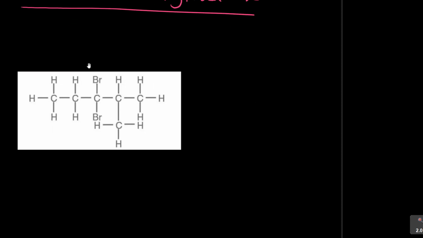Move on to the next one. What will you name this one? Now again, as I said, start from left to right. If you move this direction, this is carbon 1, carbon 2, carbon 3, carbon 4, carbon 5. If I move this direction again, it's carbon 1, carbon 2, carbon 3, carbon 4, carbon 5. And Br is what makes us take priority. So you can see that Br is in carbon number 3.